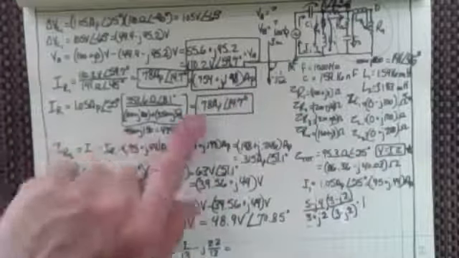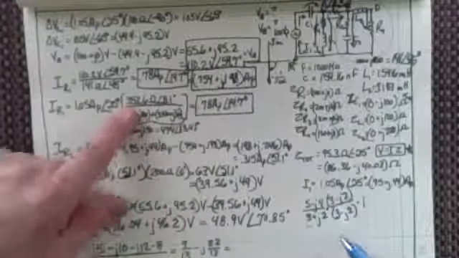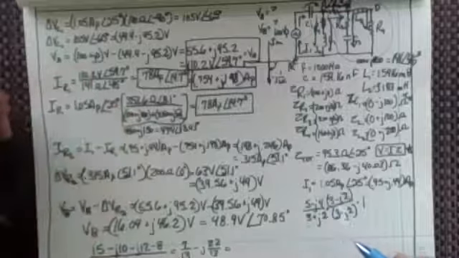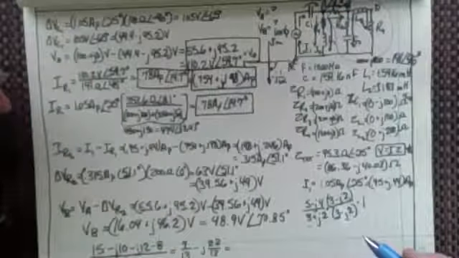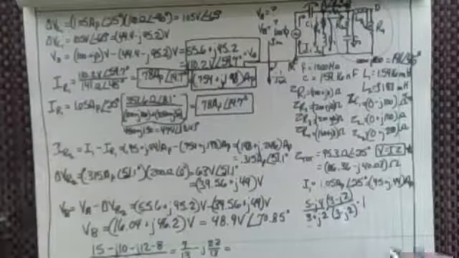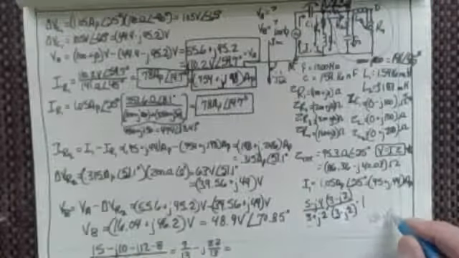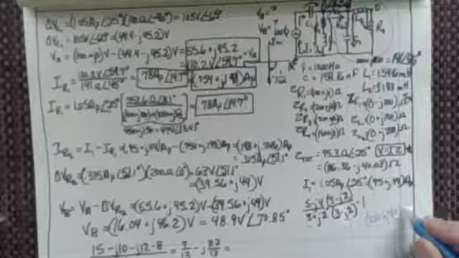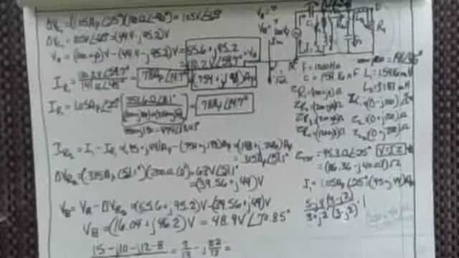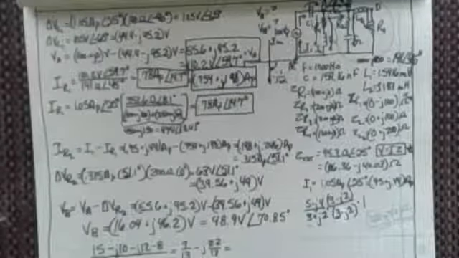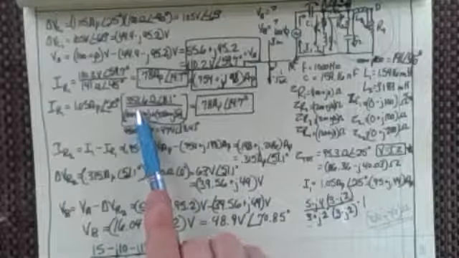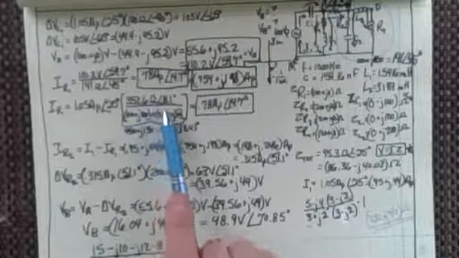And where did that come from? That 353.6 ohms is, it's in the last lecture, but it's 350 plus J50 ohms, I'll write it down here. And if you're working it out, the phasor is 353.6 at an angle of 8.1 degrees.